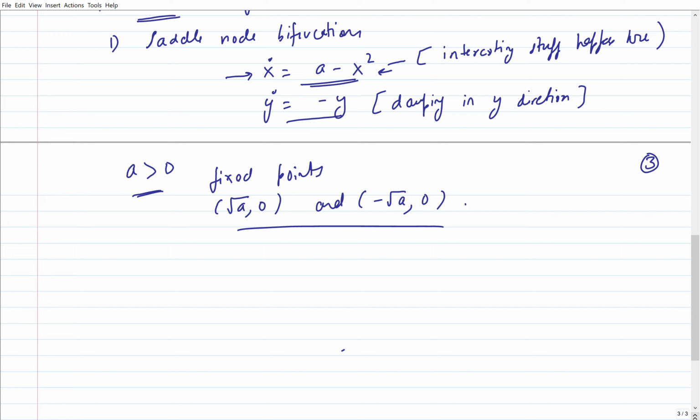So let's look at the Jacobian. How does the Jacobian look for the system? I have the Jacobian as these guys.